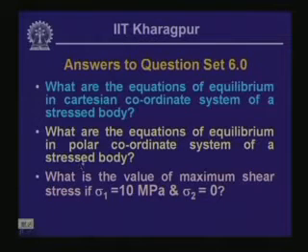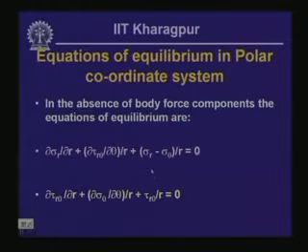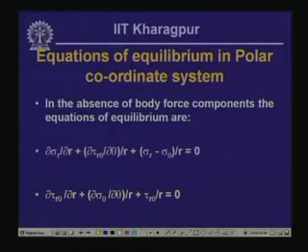The second question posed was, what are the equations of equilibrium in polar coordinate system of a stressed body? This particular aspect was discussed in the 6th lesson of module 1, wherein we defined the stress components, the radial stress sigma r, the circumferential stress sigma theta, and we saw how to derive these equations of equilibrium.